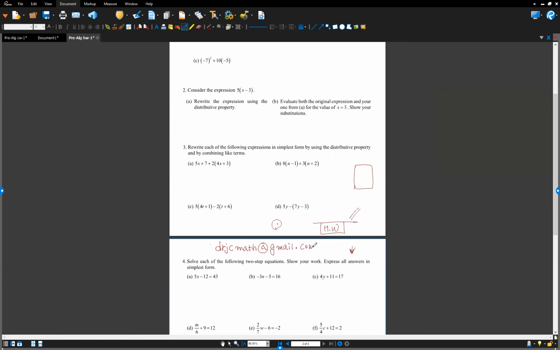Can you do that this way? You know how to send your photo to my email, right? Just try it. If not, I'll let you know later. So only one page of your homework today.